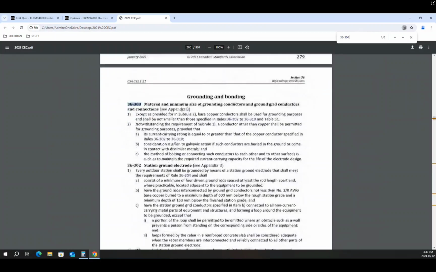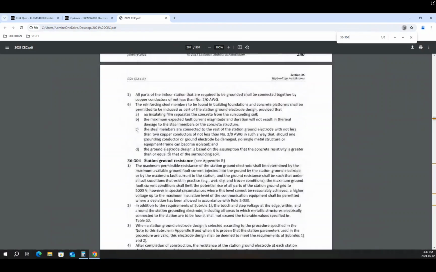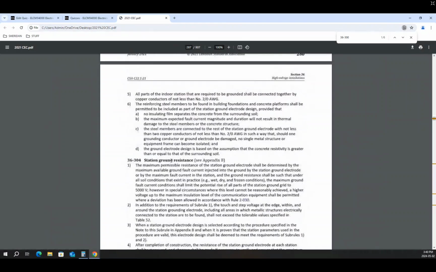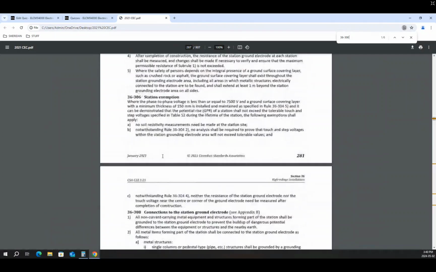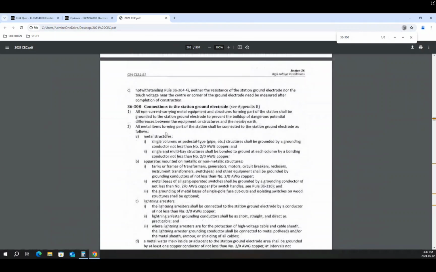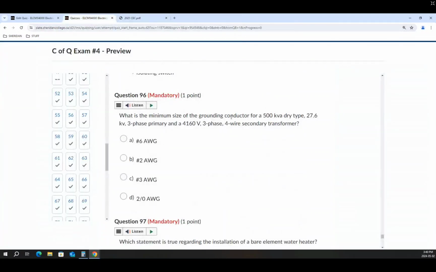Material size, ground grid. Grounding conductor.